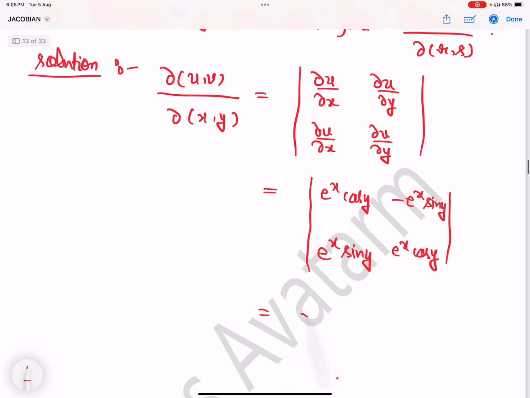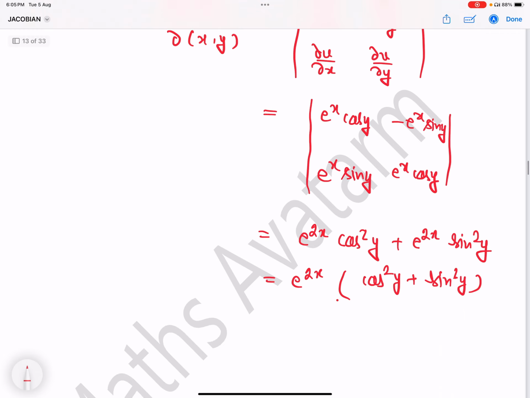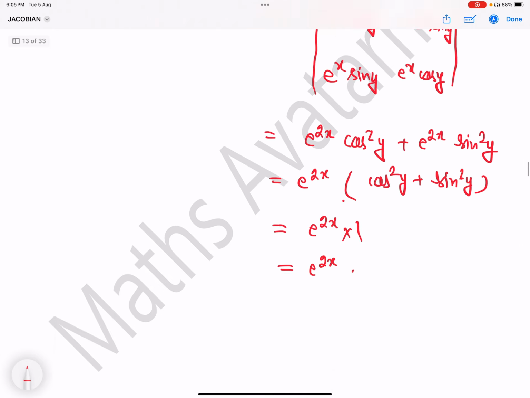So this will be e²ˣ cos²y + e²ˣ sin²y. So you take e²ˣ common, cos²y + sin²y. So this value is 1. This value is e²ˣ.